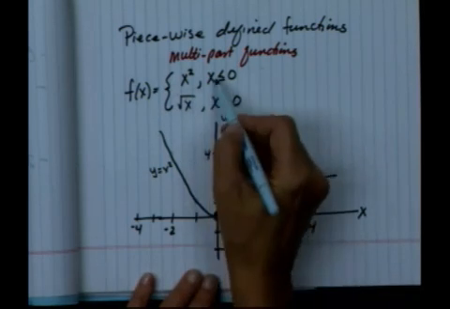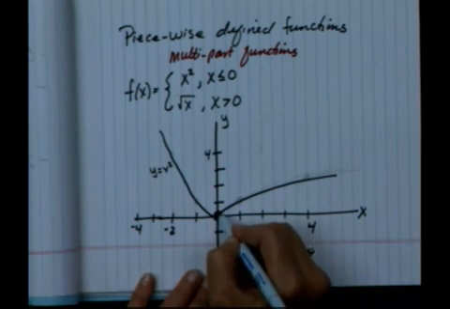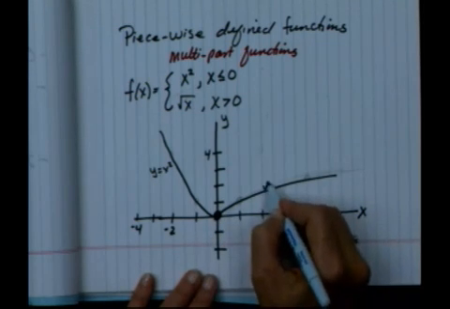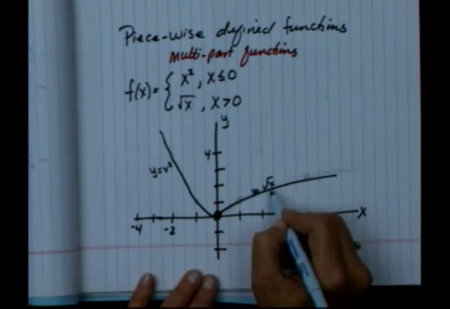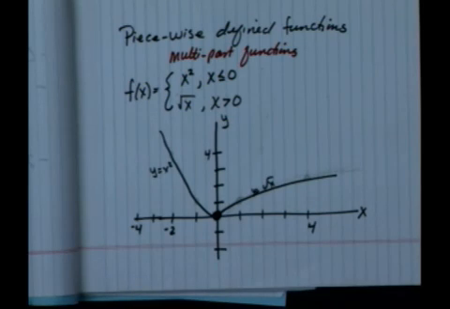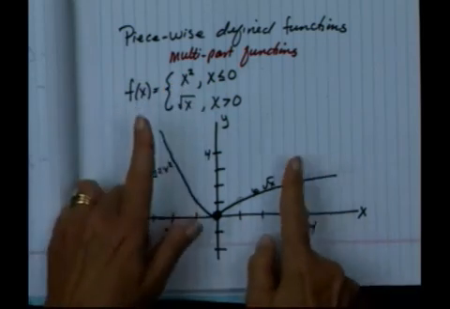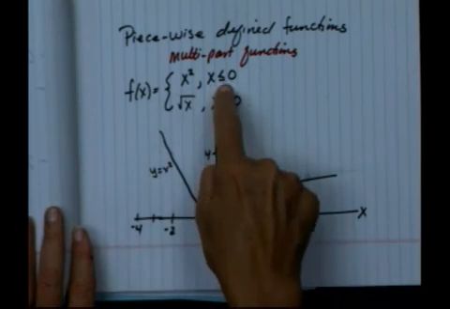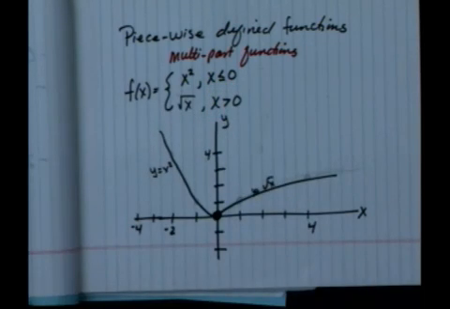But because the first part had already filled that in, my little open circle for the square root of x got filled in from the y equals x squared. Okay? All right, so when you're doing multi-part functions, sketch the graph and then go back and just include the part that fills in the domain. Everybody good?